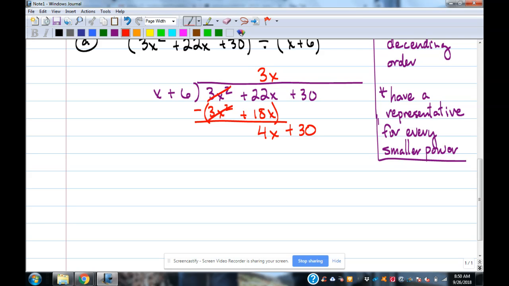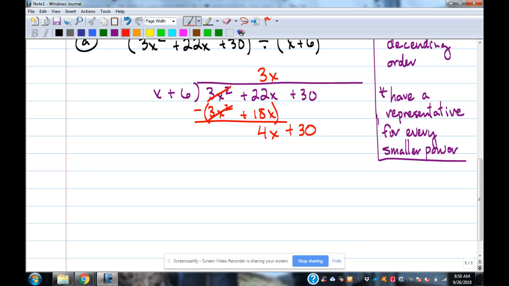The 3x squared plus 18x? No, it's 3x squared minus 18x, so you just add 18. Yeah, it's going to be the double negative there. You're always going to kind of distribute that negative sign across, but you're always going to subtract at that step. Okay. Now we go back to here.